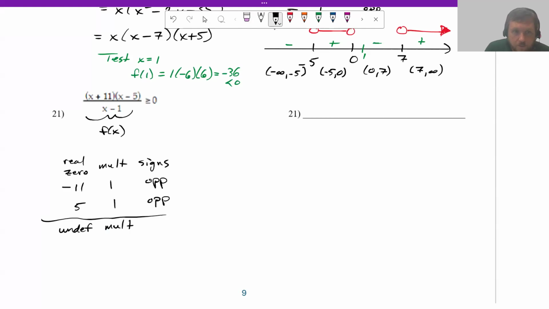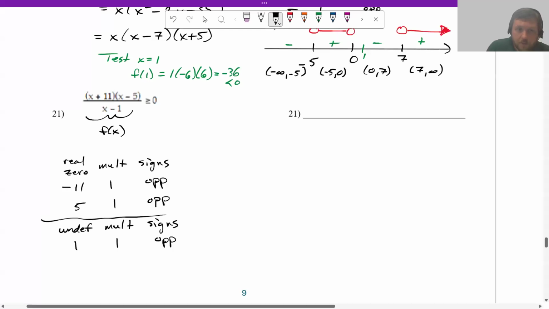So very similar. So we can see it's undefined when x is equal to +1. That has a multiplicity of 1. So then that means you get those opposite infinities. So same deal. One is going to be in the positive, one's going to be in the negative.